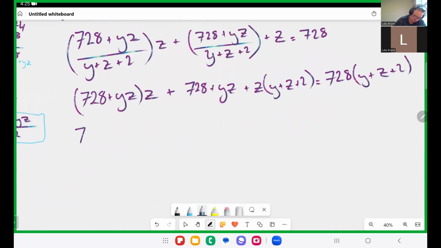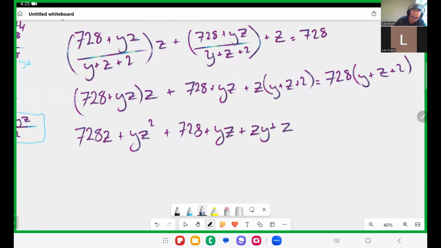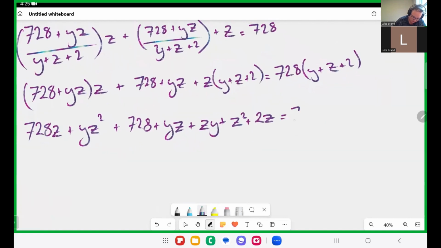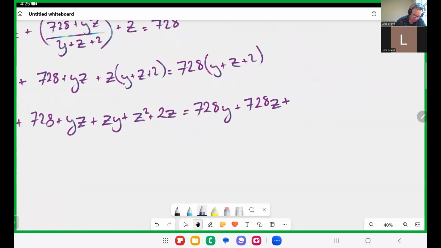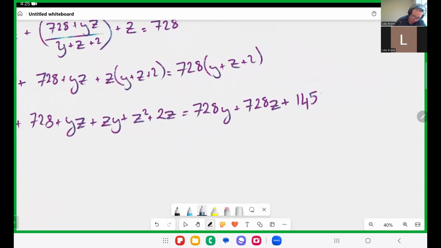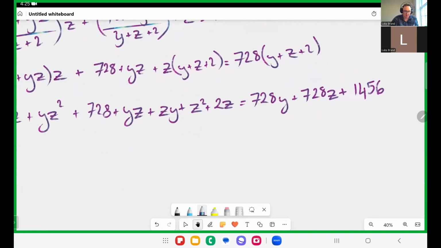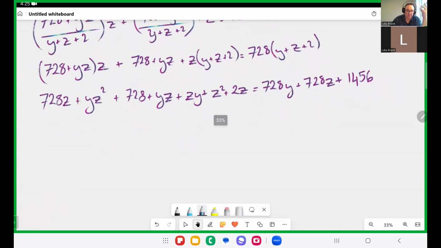Now, 728z plus yz squared plus 728 plus yz plus zy plus z squared plus 2z equals 728y plus 728z plus 728 times 2 is 1456. Now I know that because I've done it before, not because I just happen to know.